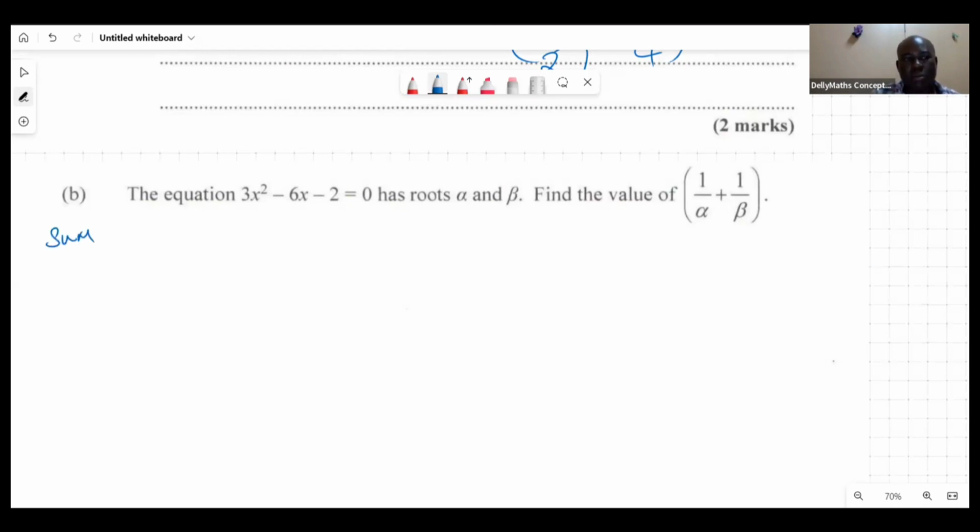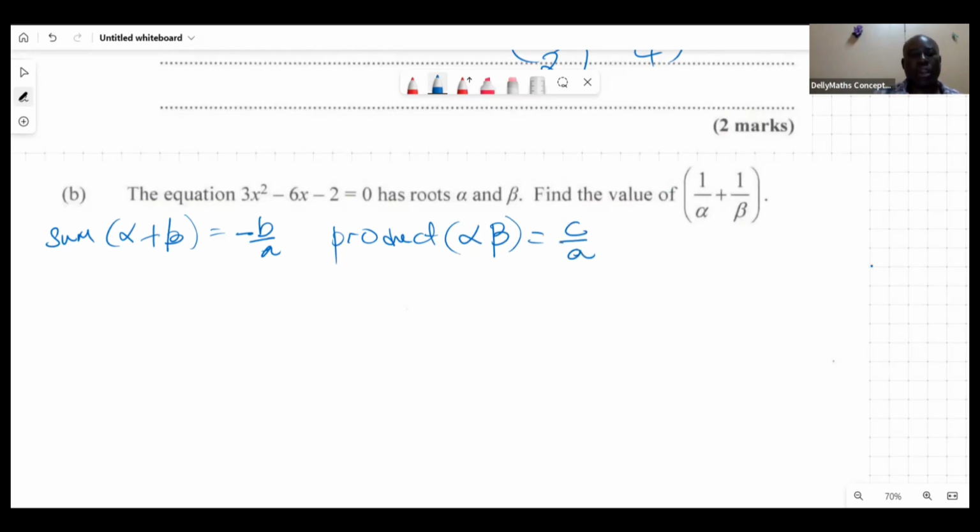So in other words, the sum, which is alpha plus beta, is equal to minus b over a, and the product, which is alpha times beta, is equal to c over a.